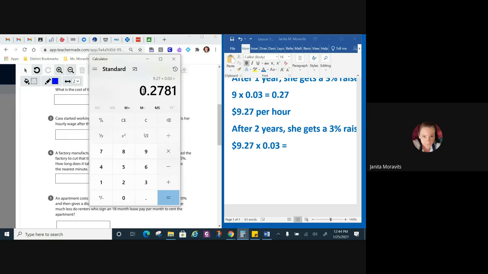That's going to equal another 27 cents, but there's an 8 right here, so she gets a 28-cent raise, 0.28 this time. All right, and when we add that to 9.27, $0.28, she is now making $9.55.